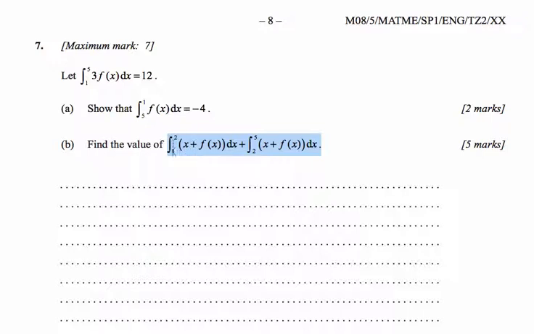We've got the integral from 1 to 2, and then the integral from 2 to 5. So it's really a continuous from 1 to 2 and then from 2 to 5, because this object is the same as this object.